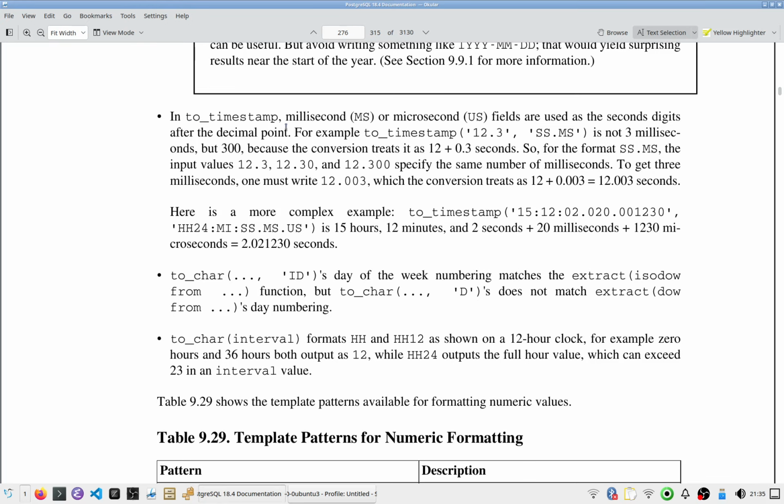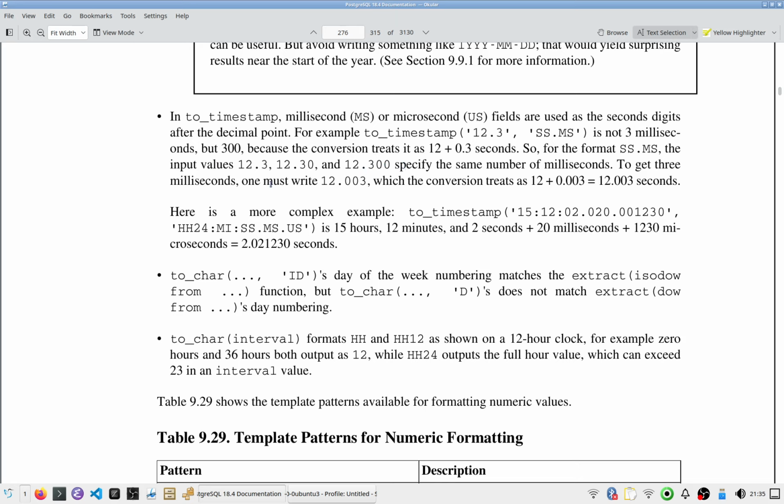In to_timestamp, millisecond or microsecond fields are used as the seconds digits after the decimal point. For example, to_timestamp('12.3', 'SS.MS') is not 3 milliseconds but 300, because the conversion treats it as 12 plus 0.3 seconds. So for the format SS.MS, the input values 12.3, 12.30, and 12.300 specify the same number of milliseconds.